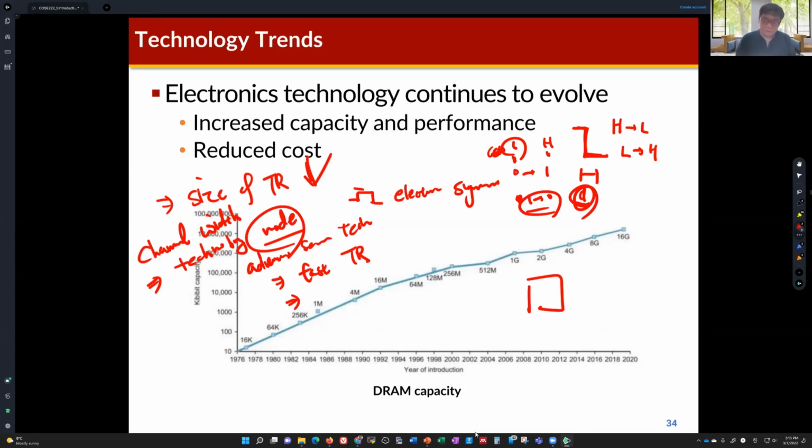So as this semiconductor technology advances, the performance of the processor also increases, and the cost is reduced because the size is reduced.